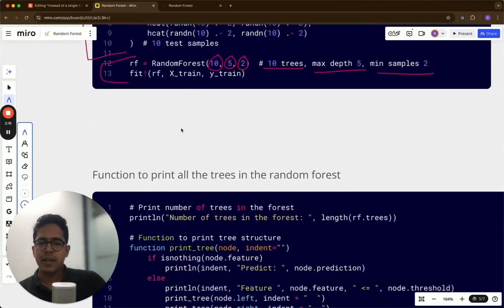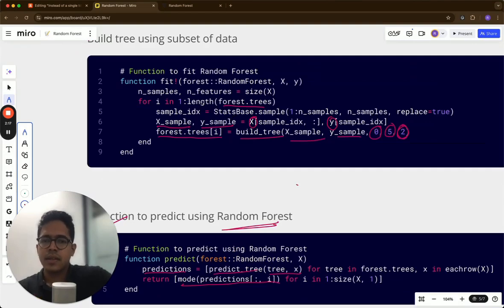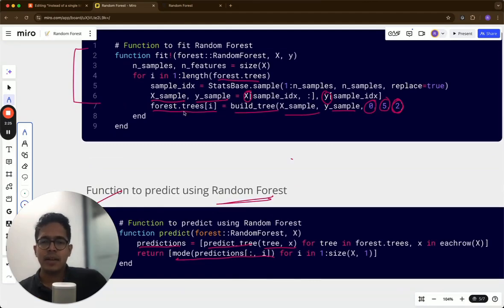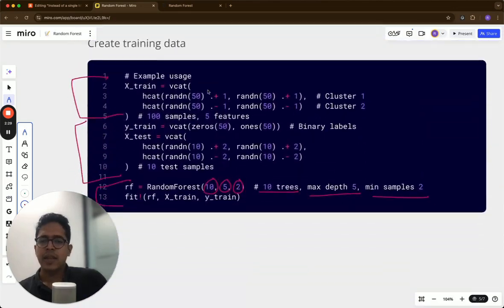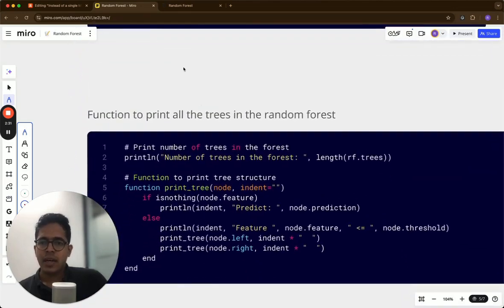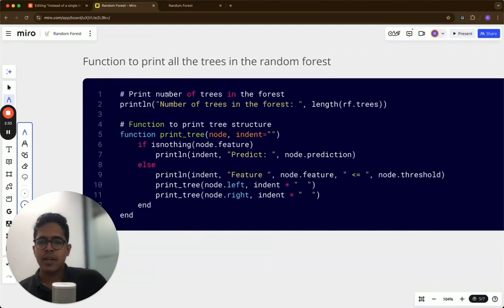The fit function is this, where you are basically getting the nodes corresponding to every individual tree, and you iterate over all the trees in the random forest. And your results are now ready, and now you can simply print all the things.